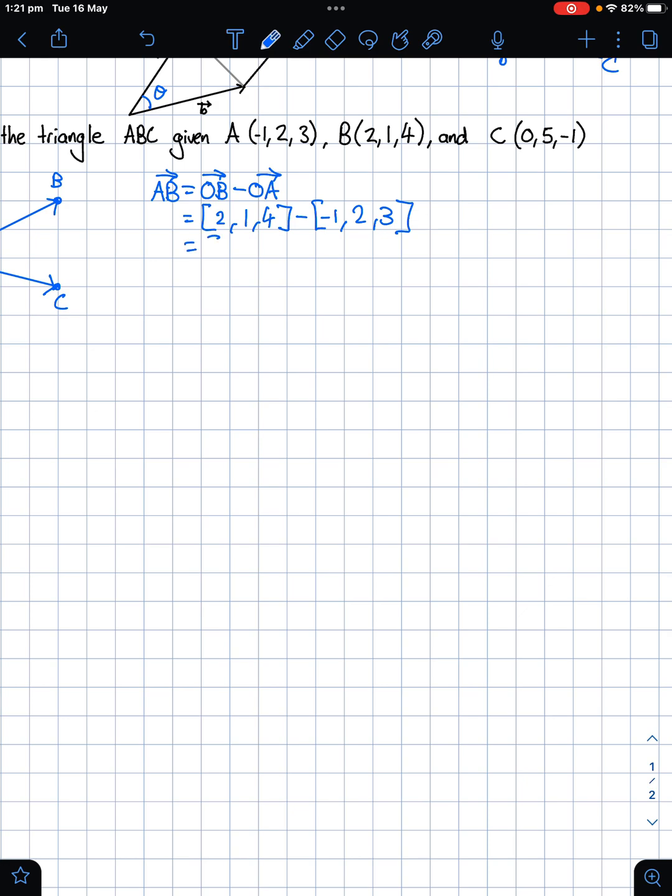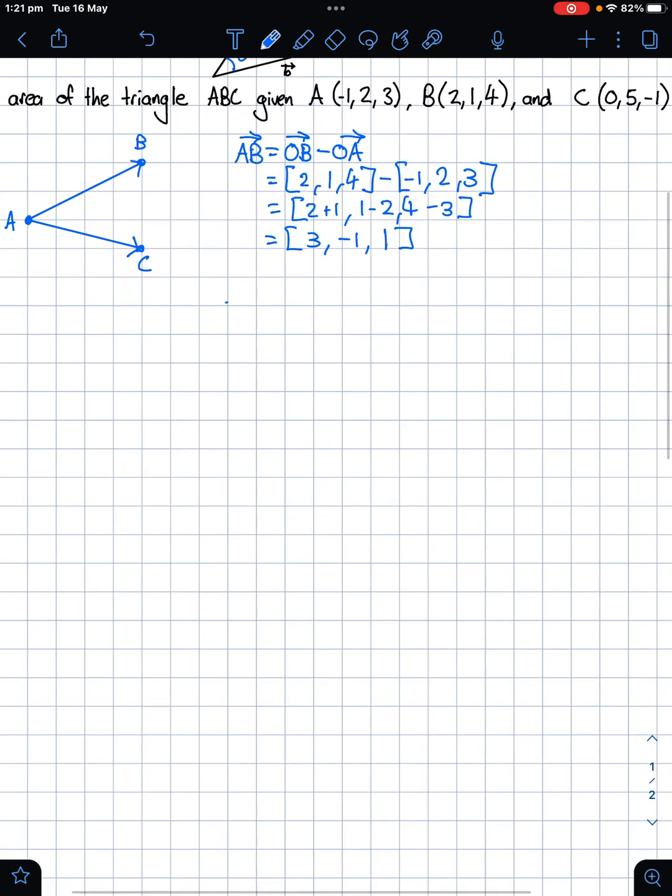I'm hoping this makes it just a bit simpler. 2 plus 1, 1 minus 2, and then 4 minus 3. So this AB vector is 3, -1, and 1.